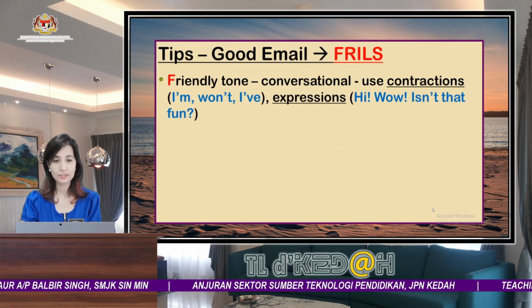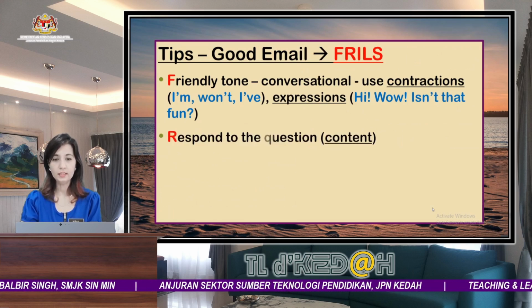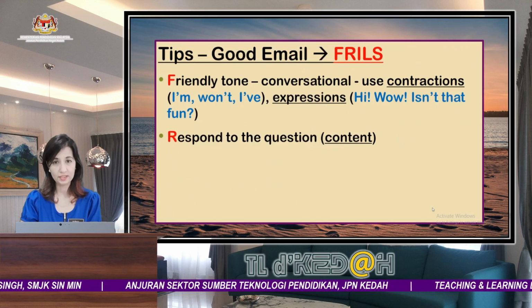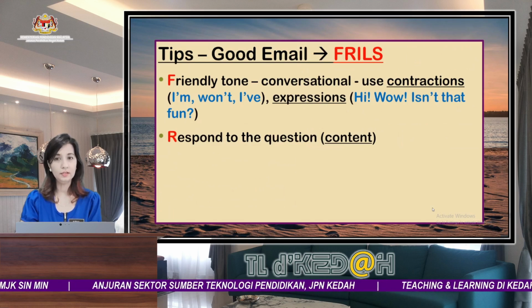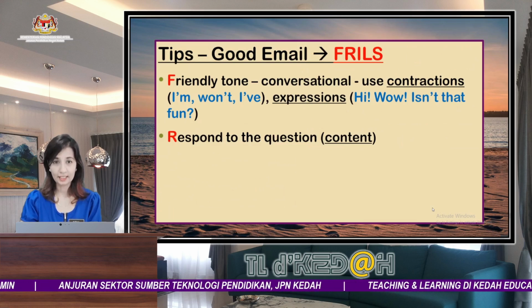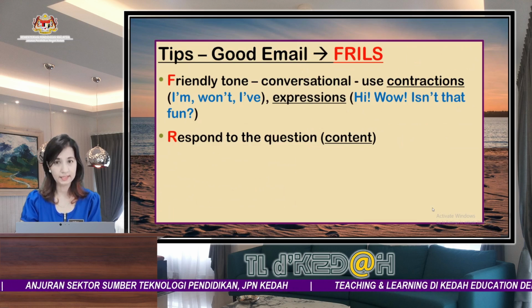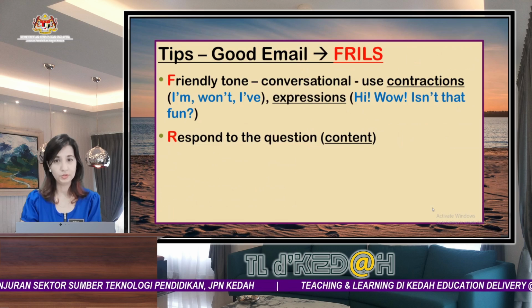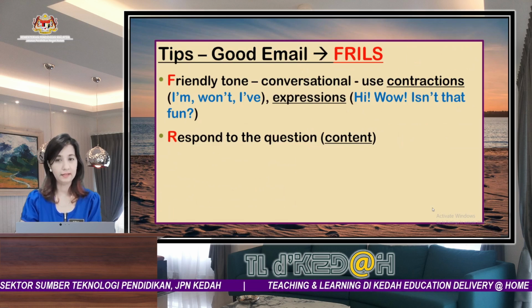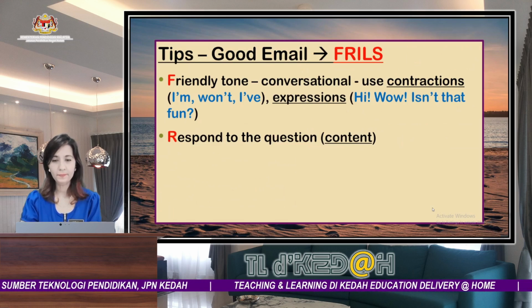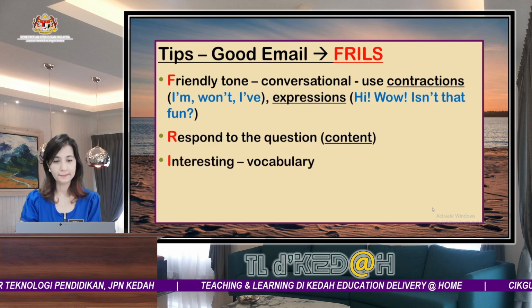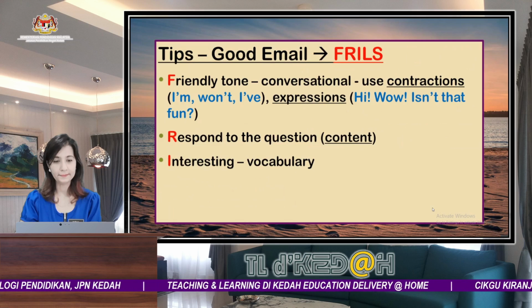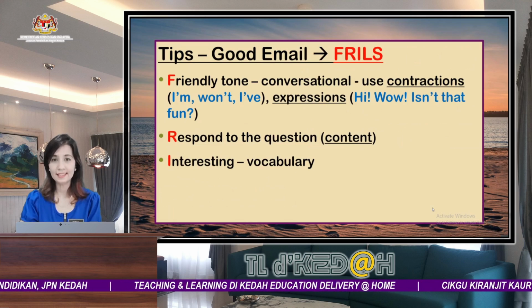F is friendly tone. Next one, R: you need to respond to the question. What is the question asking you to do? Later we will study the question, then we will know how to respond to it. So F and R, I hope they are clear so far. Let's look at I. You need to make sure your email is interesting.